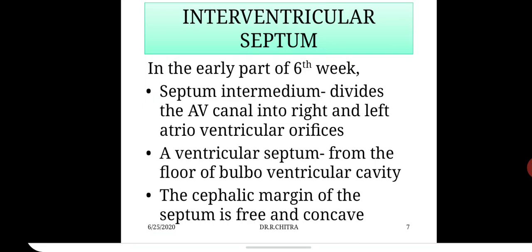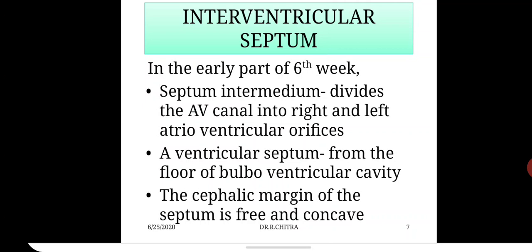So, when the septation of the atrium is in progress, the interventricular septum exhibits its appearance in the early part of the sixth week from the floor of the bulboventricular cavity. So the student should note: the interatrial septum from the roof of the primitive atrium, the interventricular septum from the floor of the bulboventricular cavity.